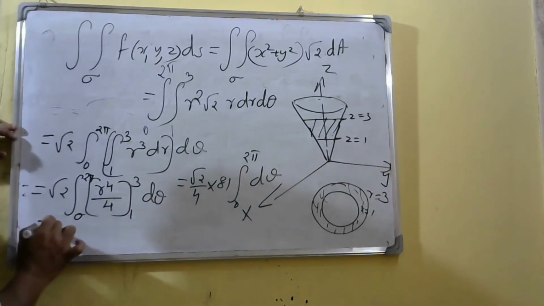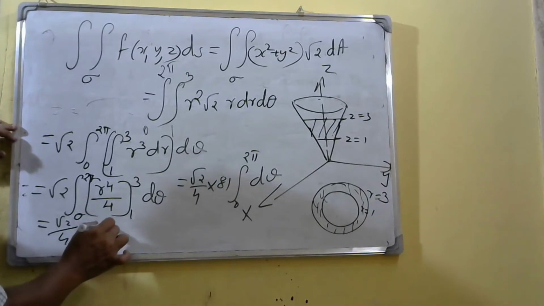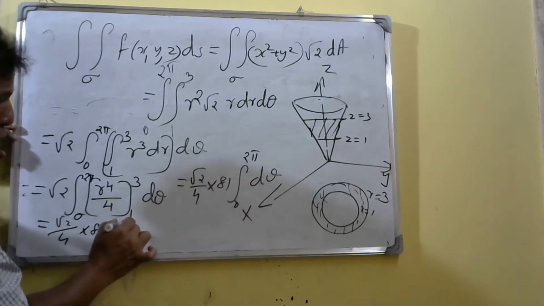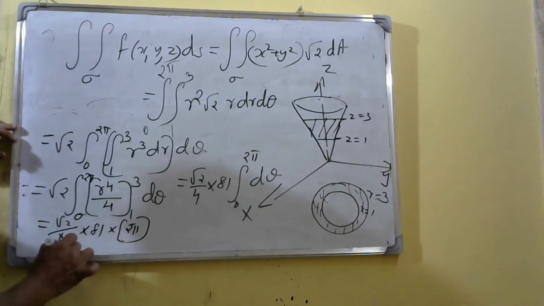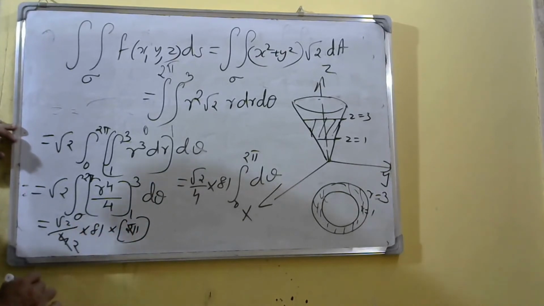That is root 2 by 4 into 81 into theta. When we integrate this, theta gives 2 pi. Therefore, cancel this 2, 4 and 2, that is equal to 2.